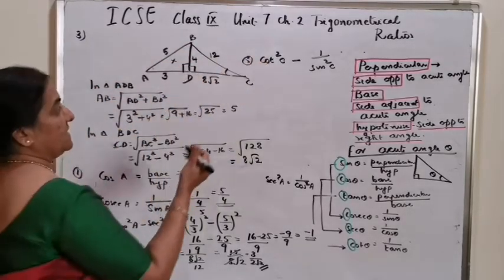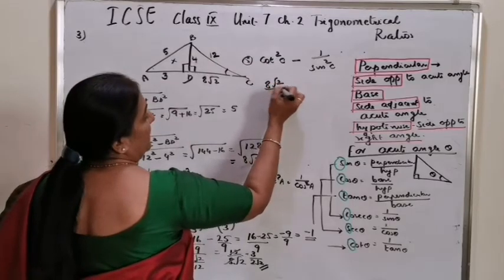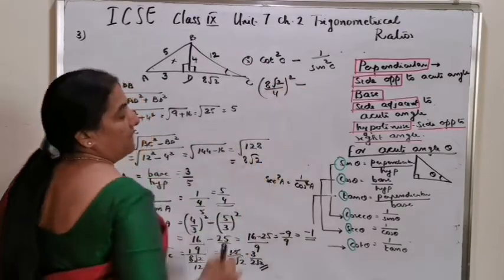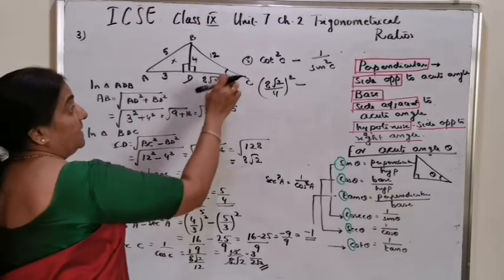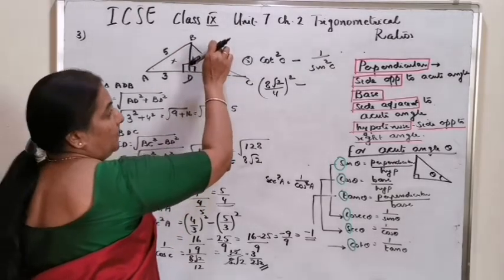So cot square C is 8 root 2 by 4, the whole square, minus 1 by sin square C, where sin C is 4 by 12.